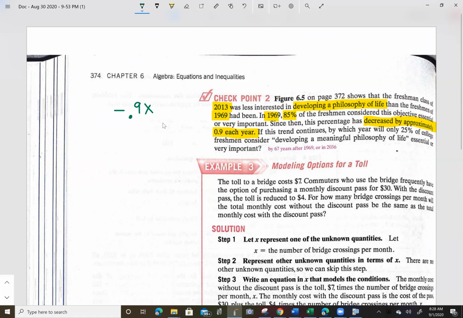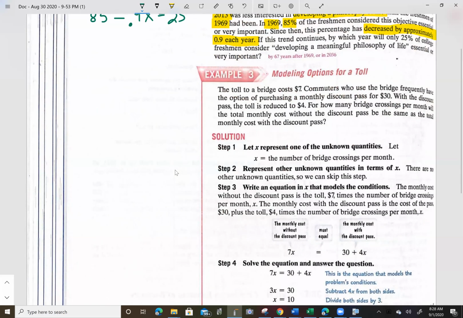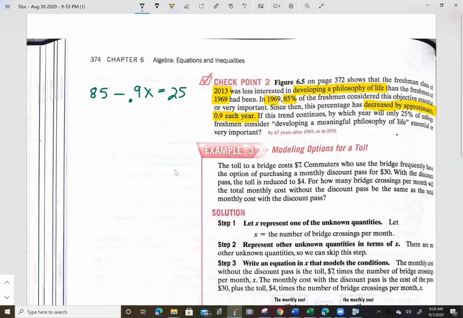If this trend continues, by which year will only 25% of college freshmen consider developing a meaningful philosophy of life? Okay, so we're looking for by which year will it be 25%. Okay. Example 3, so you guys take a moment and solve that.